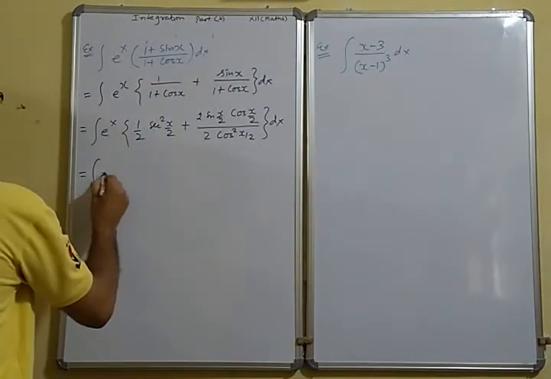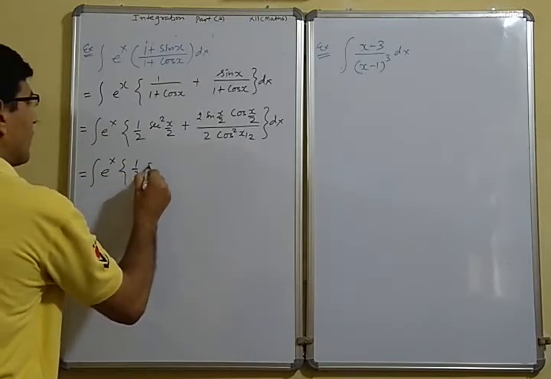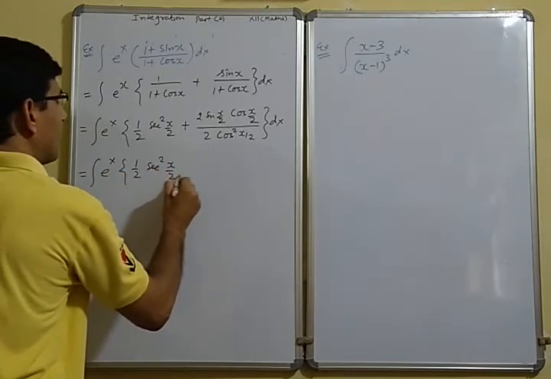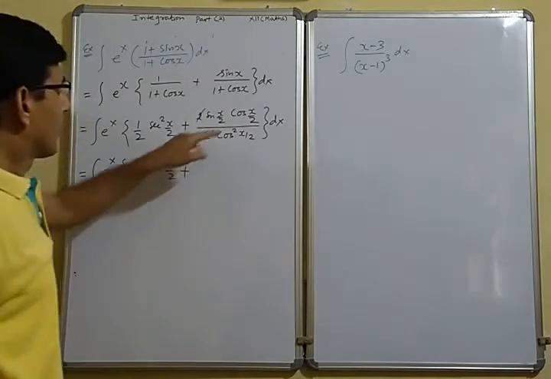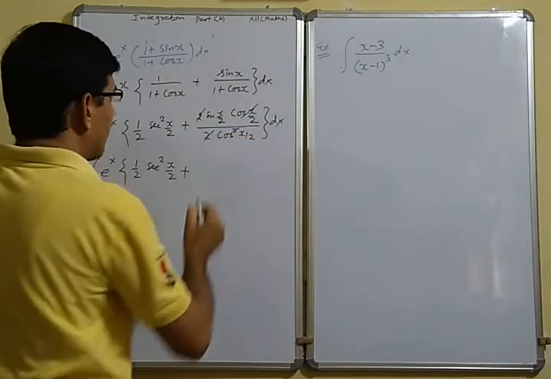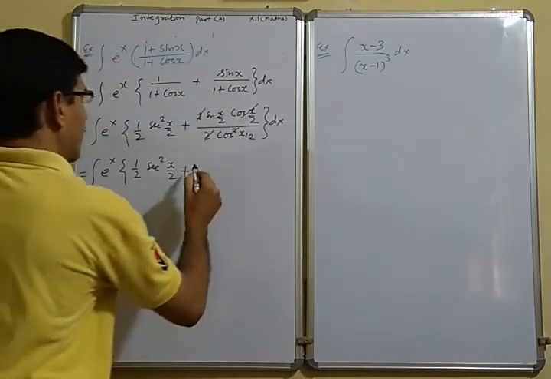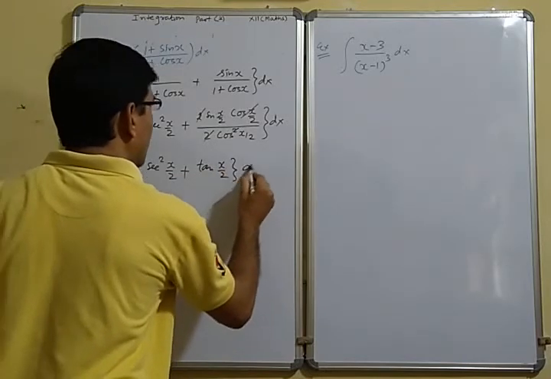So it becomes e raised to power x [1 by 2 sec square x by 2 plus sin x by 2 upon cos x by 2, after cancelling], that is tan of x by 2, dx.